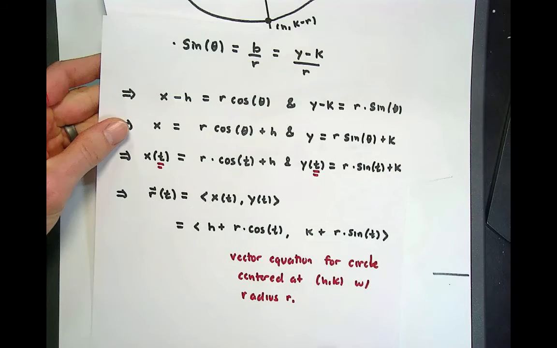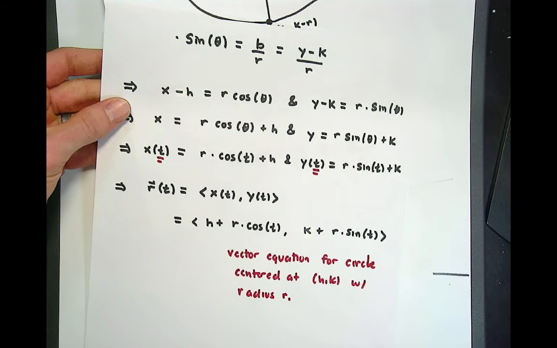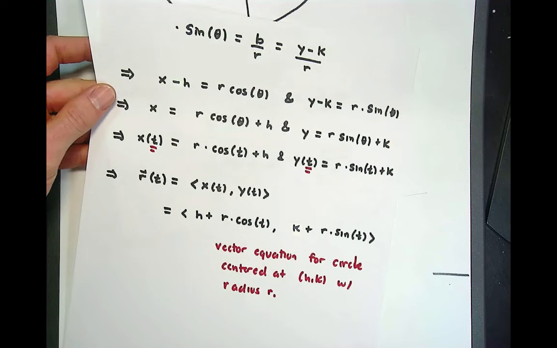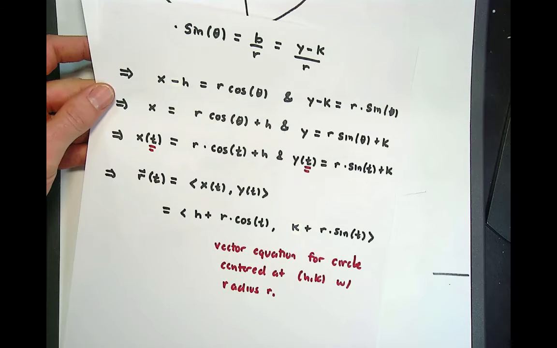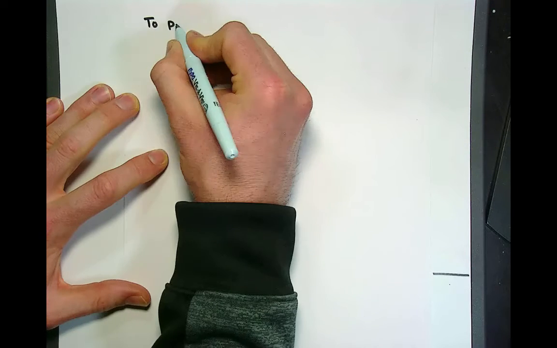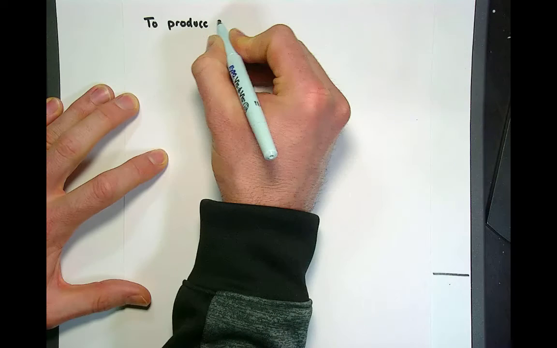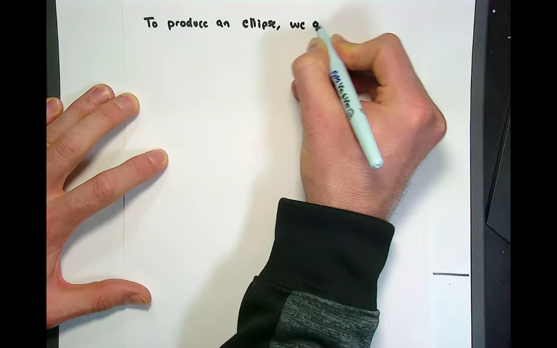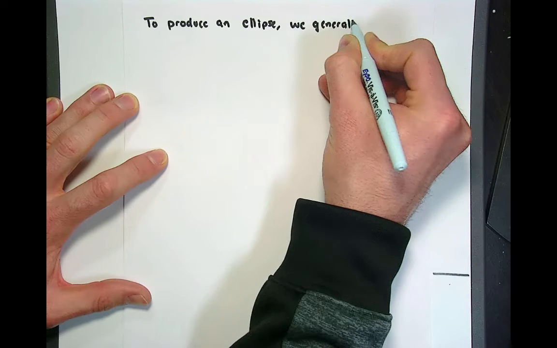Let's use this vector equation for a circle to begin our discussion of both the scalar equation for an ellipse and a vector equation for an ellipse. To produce an ellipse, we generalize.